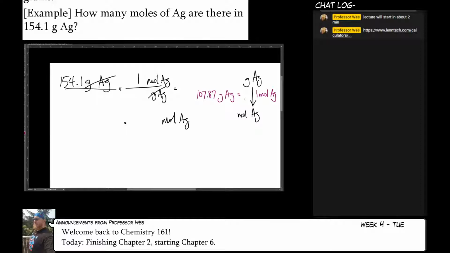So in 1 mole, there are this many grams. And then it's just a matter of punching it in the calculator and you're all set. And I got 1.42857, so I'm going to round that to that.